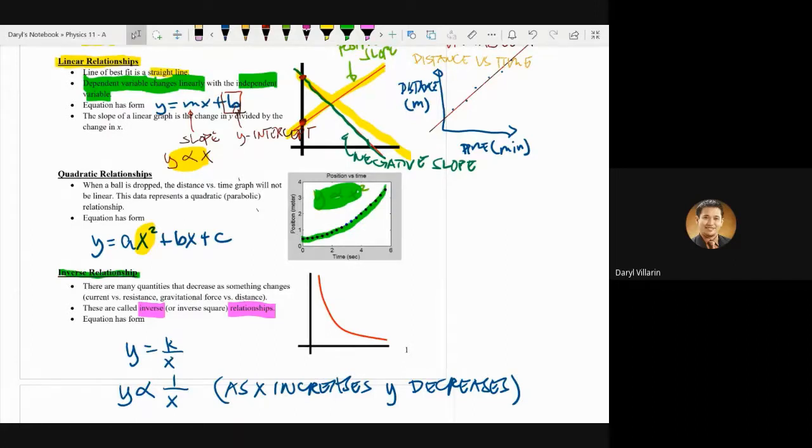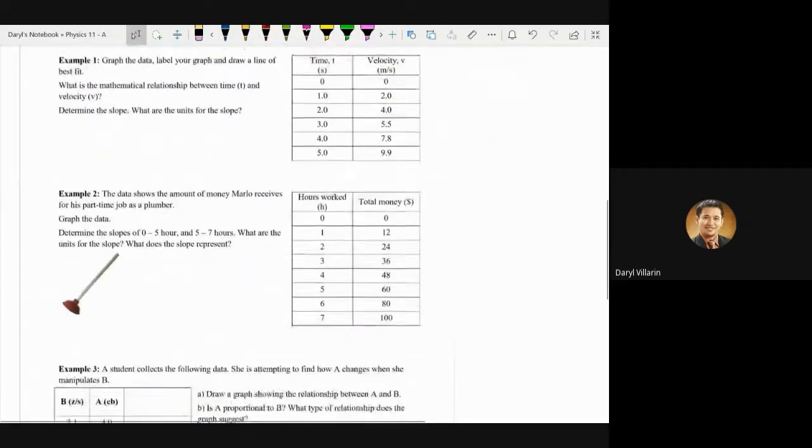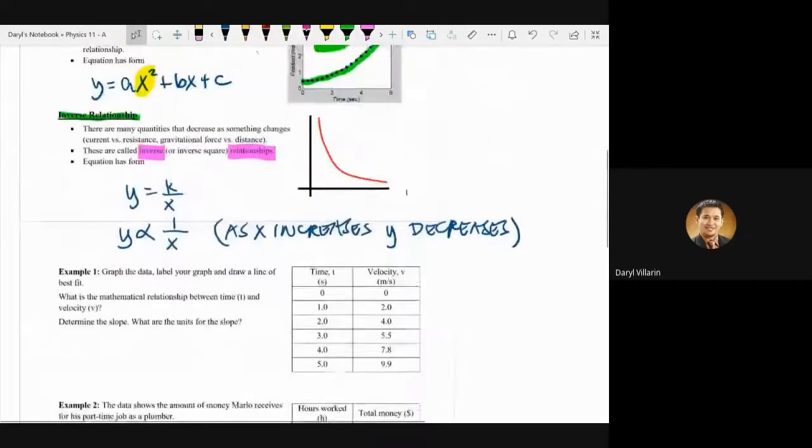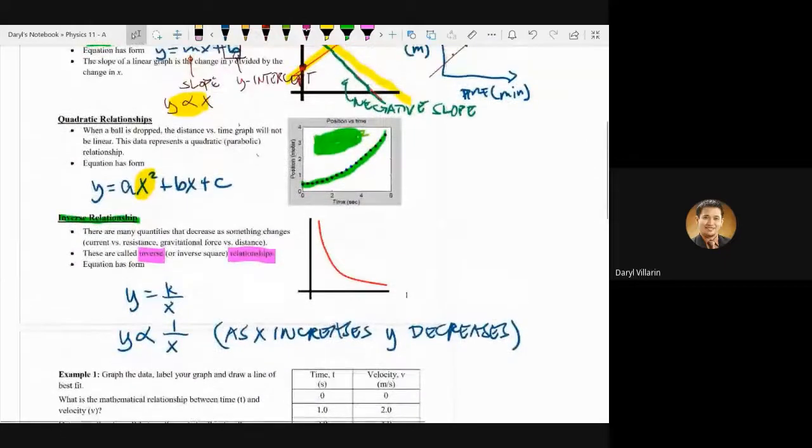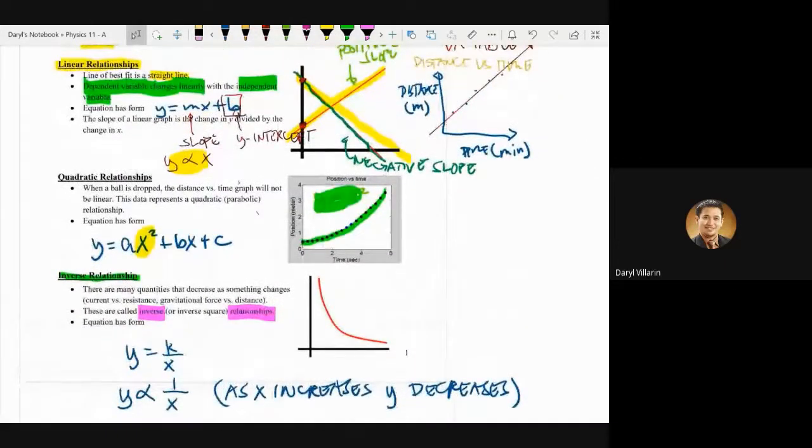But for objects moving with a constant velocity, if you graph the position against time, you'll get a straight line. Okay, so any questions with this one here?